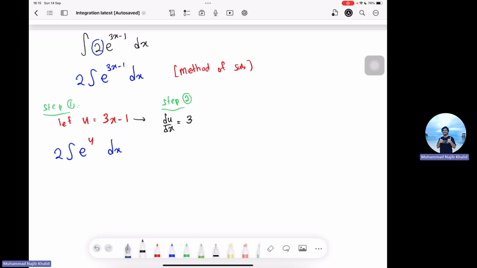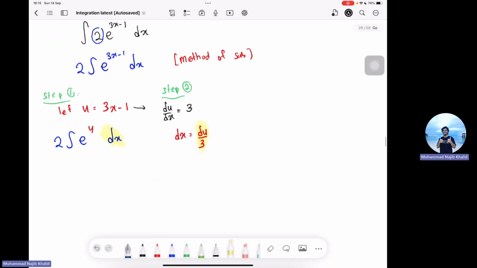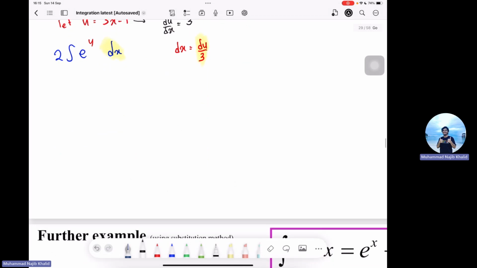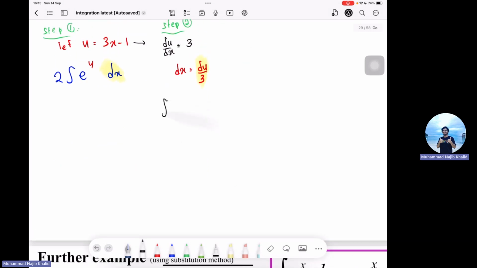From algebra we get that dx is equal to du over 3. We replace dx with du over 3. Then we get the integral in u: 2 stays outside, e^u du over 3.